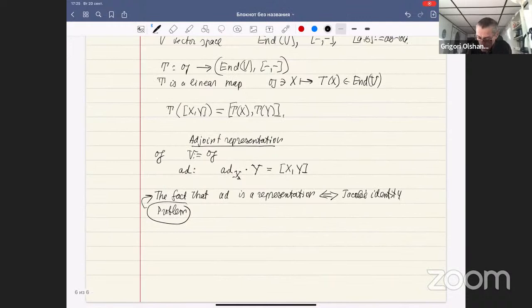Suppose that the center of G is trivial. This implies that our adjoint representation is faithful. Its kernel is equal to 0.